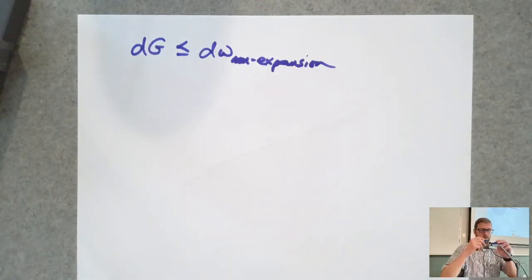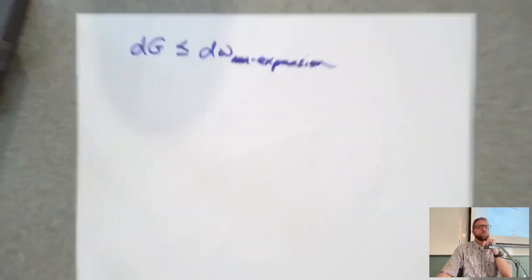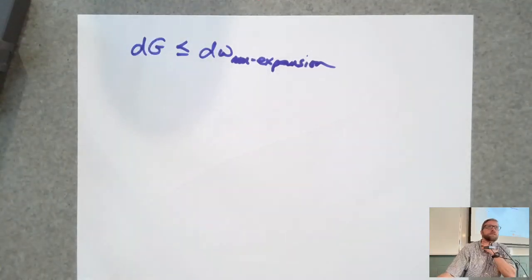Let's interpret this. What does this mean? You probably remember from general chemistry that delta G has to be negative for a spontaneous process. You remember that? So something like the decomposition of water, taking water and turning it into hydrogen and oxygen, where delta G is positive.